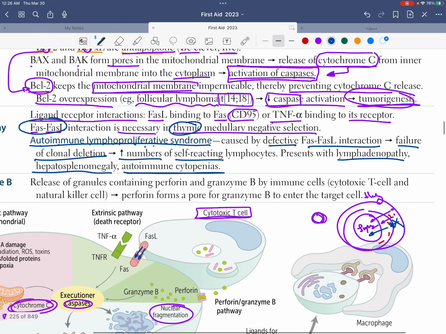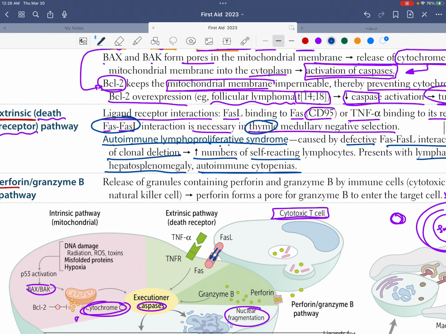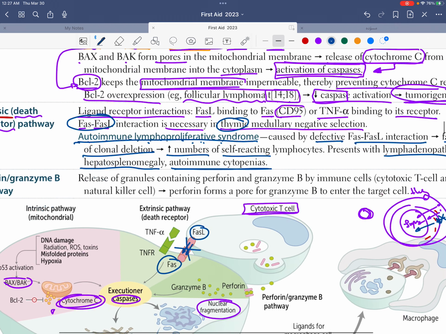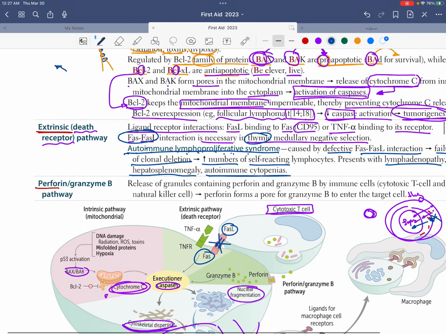So this disorganization leads to autoimmune lymphoproliferative syndrome. The main cause is that there is no proper interaction between FAS-L and FAS.